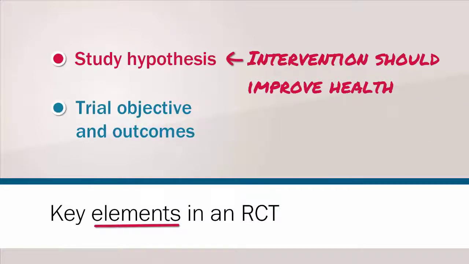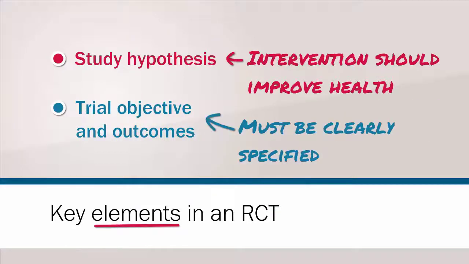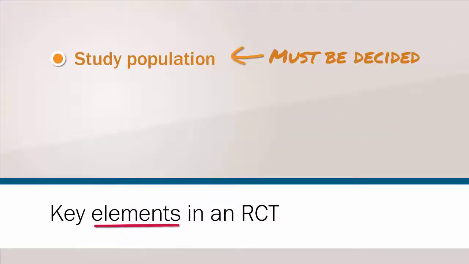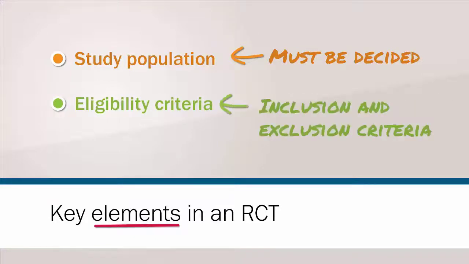The trial objective and outcomes have to be clearly specified. The population being studied has to be decided. For example, is the intervention for older people or children? It is also necessary to have defined eligibility criteria, both inclusion and exclusion criteria, for all participants to fulfill before they take part in the study.